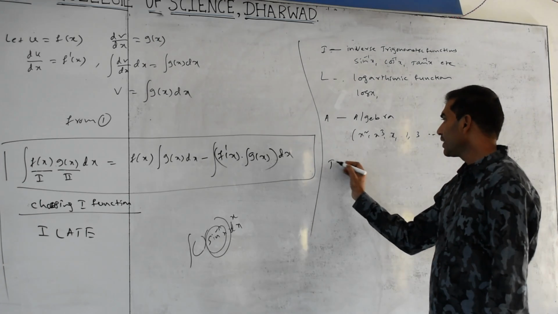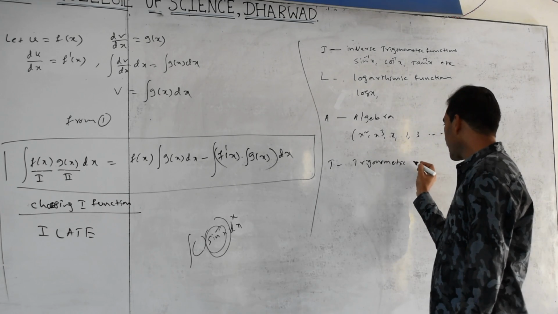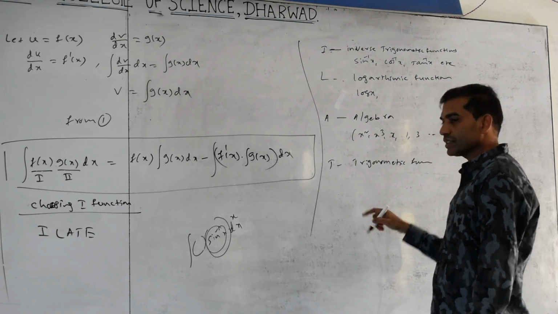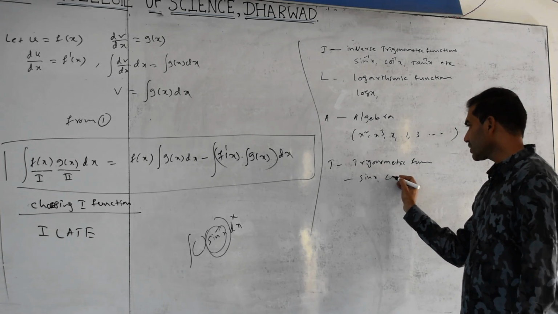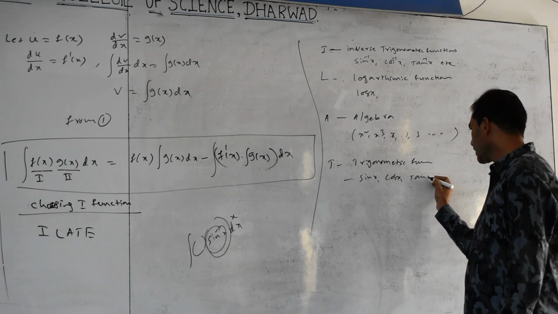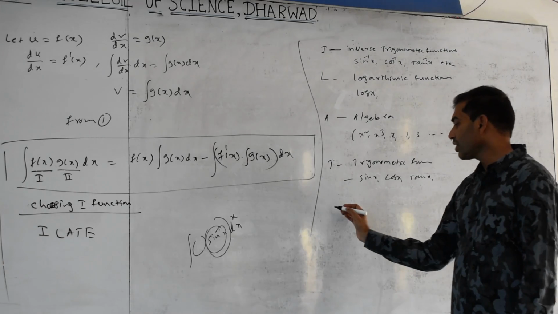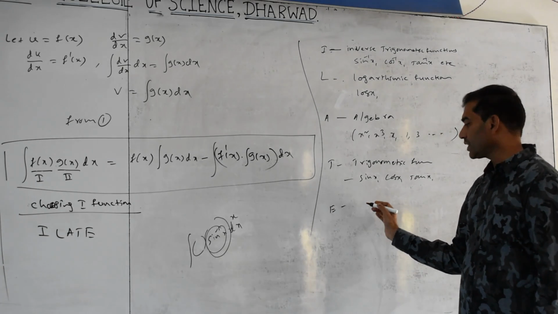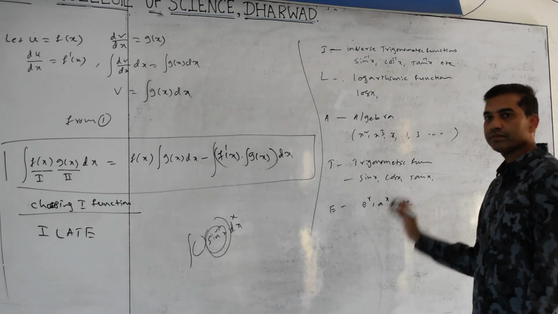Next, T means trigonometric functions. You should follow this order compulsorily. Trigonometric functions means sin x, cos x, tan x, cot x, sec x, cosec x, etc. Last one, E, exponential function. Exponential function means e raised to x, a raised to x, etc.